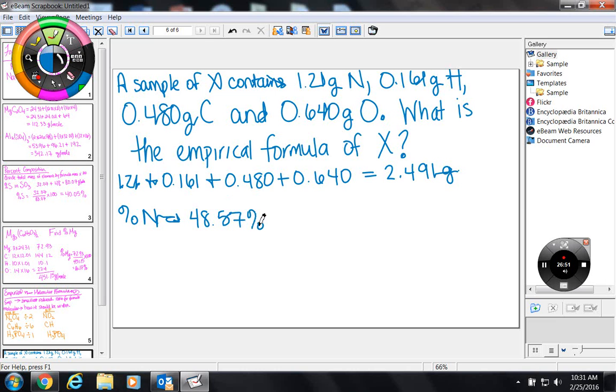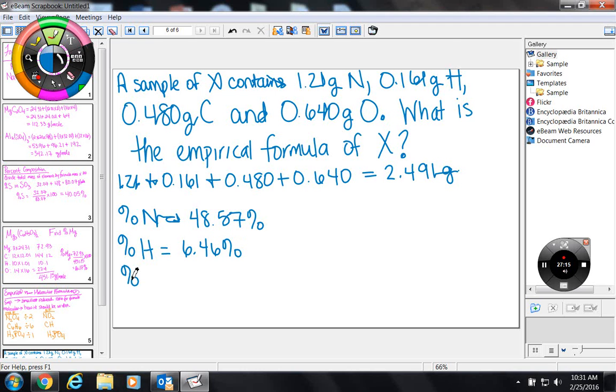So we're basically working backwards to work forward. Percent hydrogen is going to be 0.161 divided by 2.491 times 100. 6.46%.